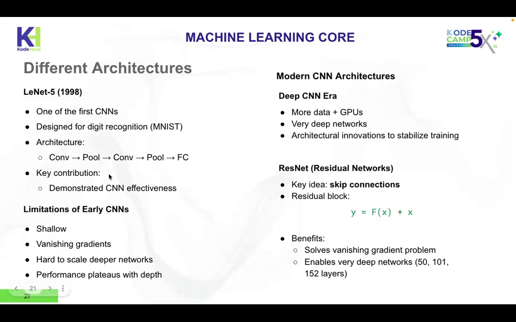And the key contribution of this LeNet, which is what this particular architecture was called, was that it was able to demonstrate to the world that convolutional neural networks can solve image recognition problems, which every other kind of thing struggled with. But it had a bunch of limitations.